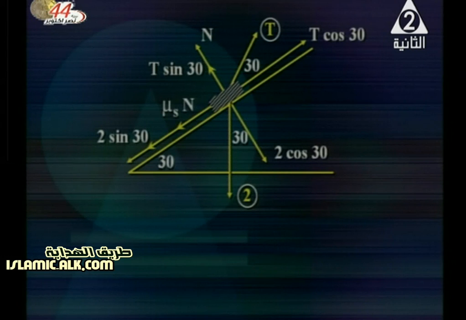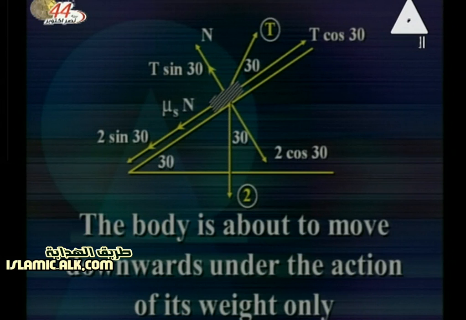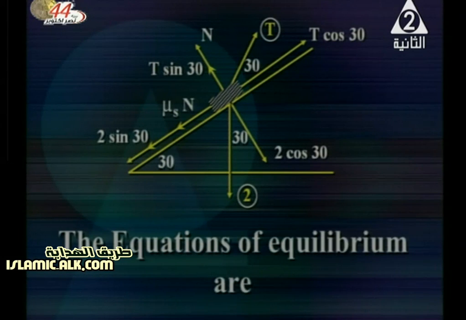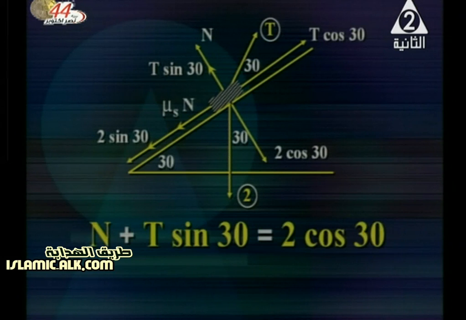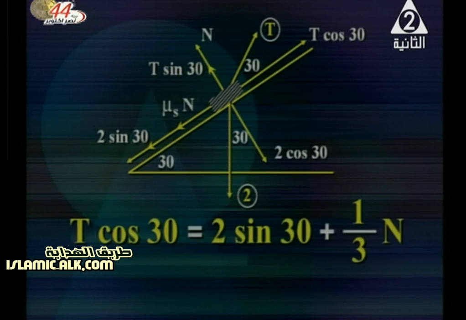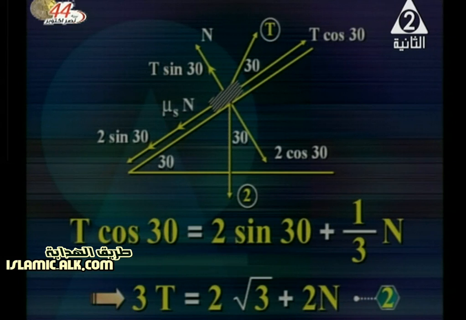We obtain the equations of equilibrium. The body is about to move downward under the action of its weight only. Then mu s equals tan 30 equals 1 over root 3. The equations of equilibrium are N plus T sine 30 equals 2 cosine 30, so N equals root 3 minus 1 over 2 T. Then T cosine 30 equals 2 sine 30 plus 1 over root 3 N. Therefore, 3T equals 2 root 3 plus 2N.